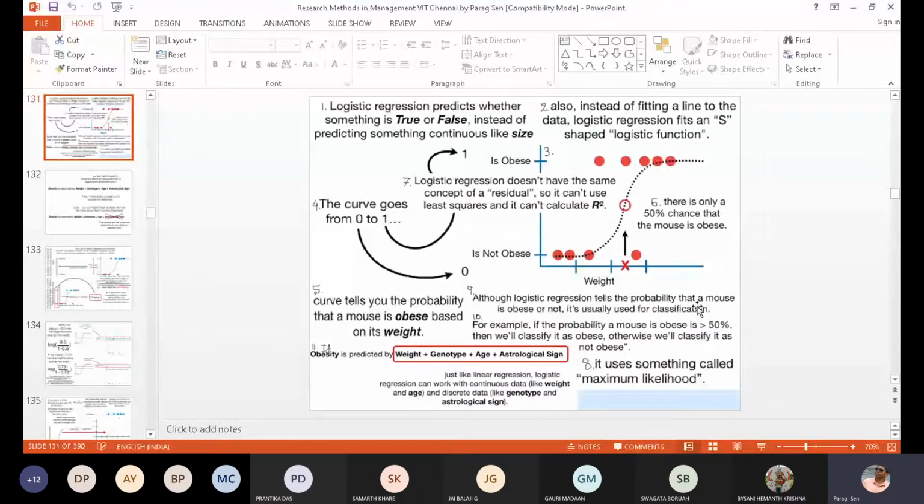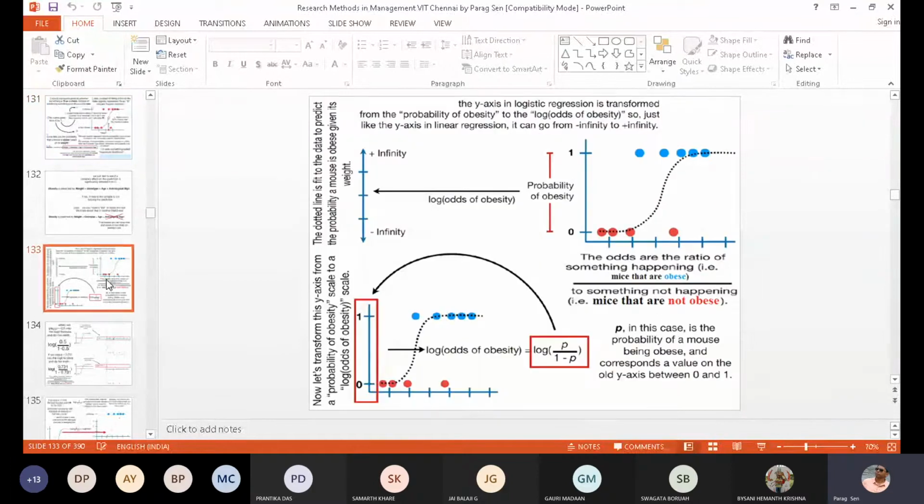We discussed earlier that along the x-axis you are representing the weights of mouse, and along the y-axis you are representing whether the mouse is obese or not obese, dichotomously. So in this case, you are transforming the y-axis to the log odds of obesity.